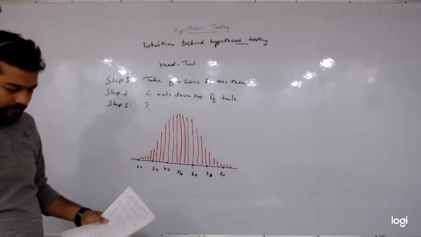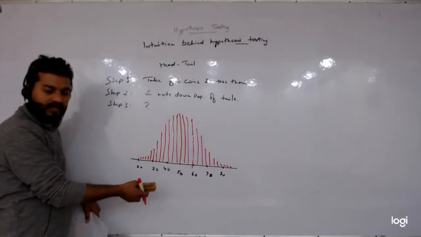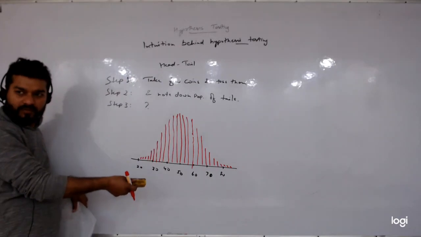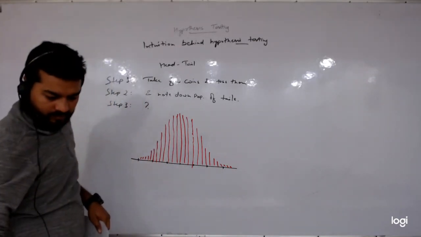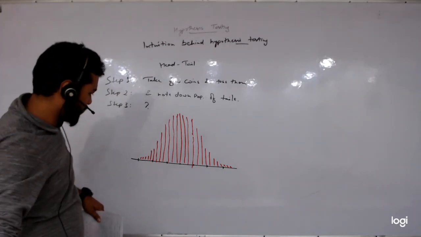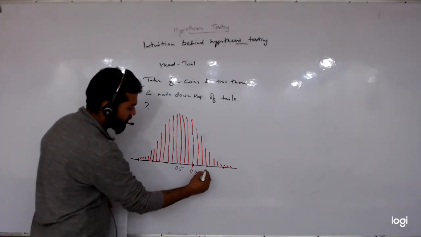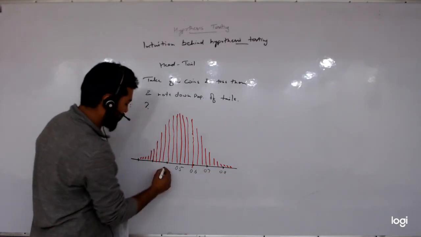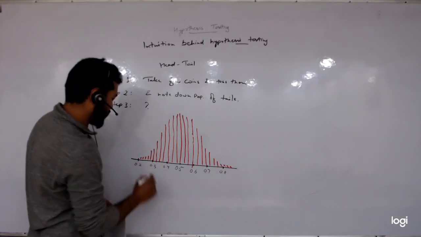Okay, now more generally we can just label the axis not as actual but as proportion. So this would be 0.5, 0.6, 0.7, 0.4, 0.3, 0.2.